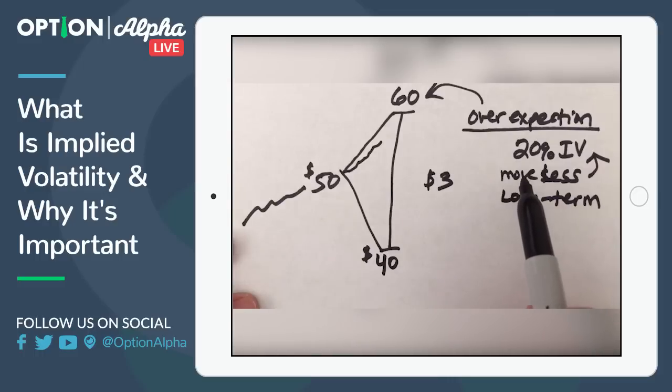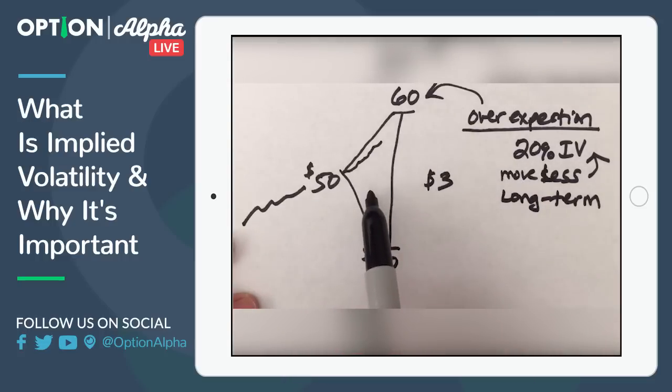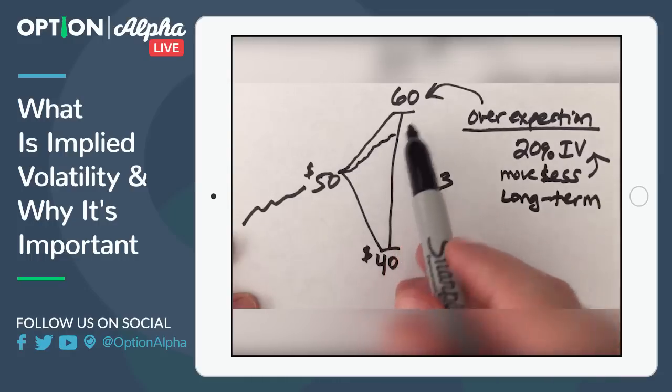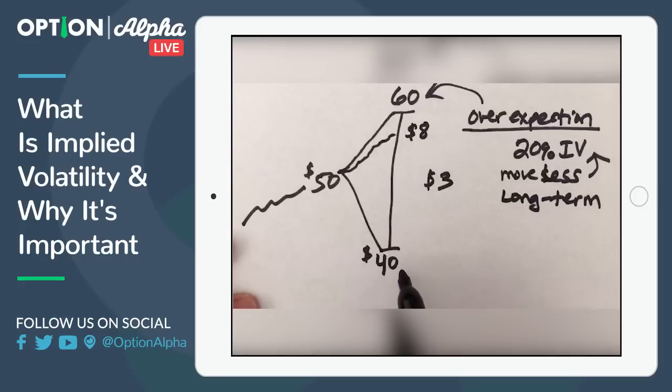So in English, what this means is that if the stock is assumed to move $10 up or down, when we actually see the stock play out its movement, it may only move $8 up or down on average, right?